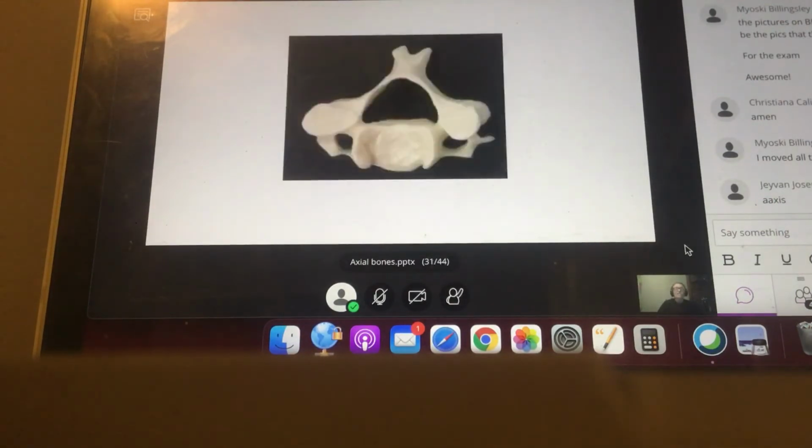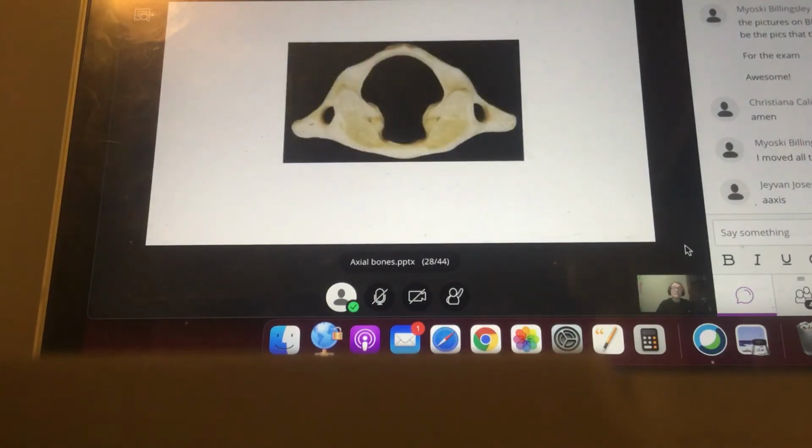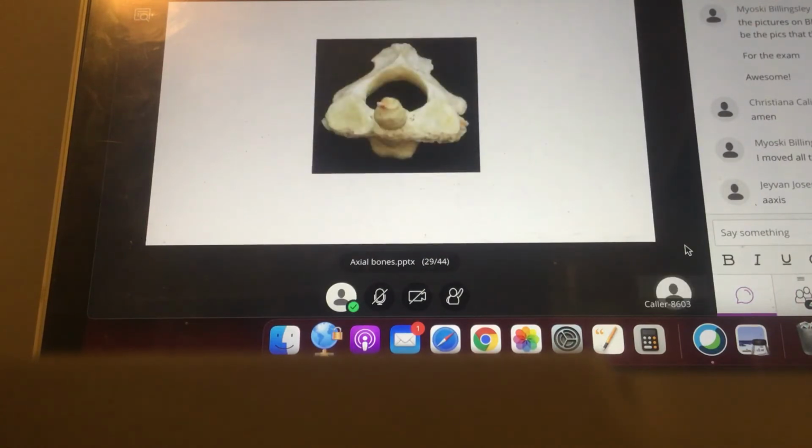We'll get there. Just know that C1 has that clear transverse foramina and these facets that will articulate with the condyle on the occipital bone. C2, you can't miss that, and it articulates with C1, giving you the no capability.